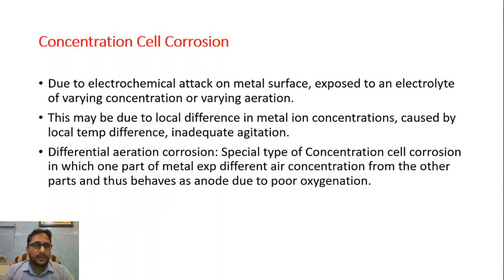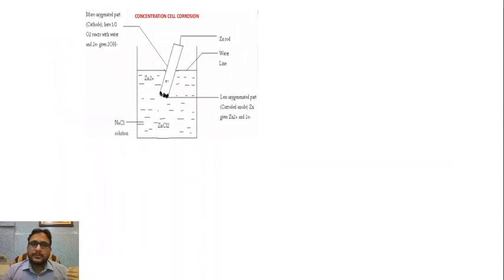These electrons travel through the rod and reach the point where oxygen is available in good quantity, and there oxygen absorbs those electrons, so absorption of oxygen takes place, as in an alkaline or neutral environment.